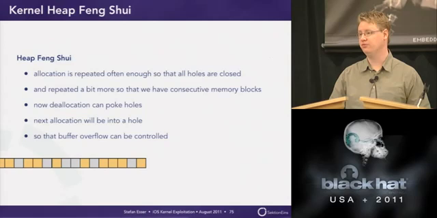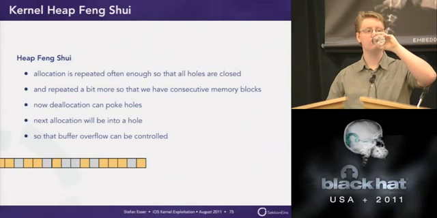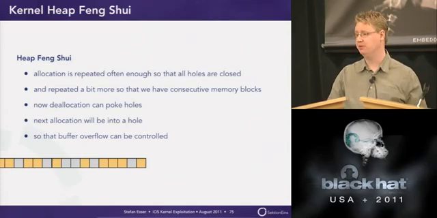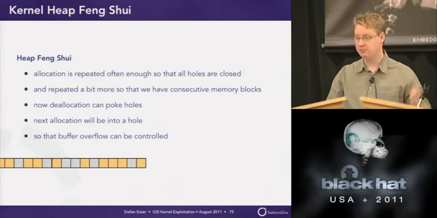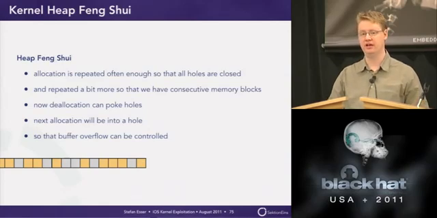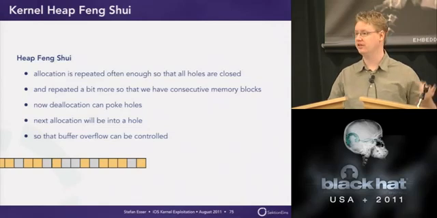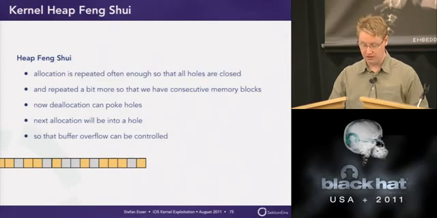And now you do something called heap feng shui. I guess most people know that. It's a term created by Alex Sotirov, and it basically describes how to get a heap into a controlled state from an unknown previous state.